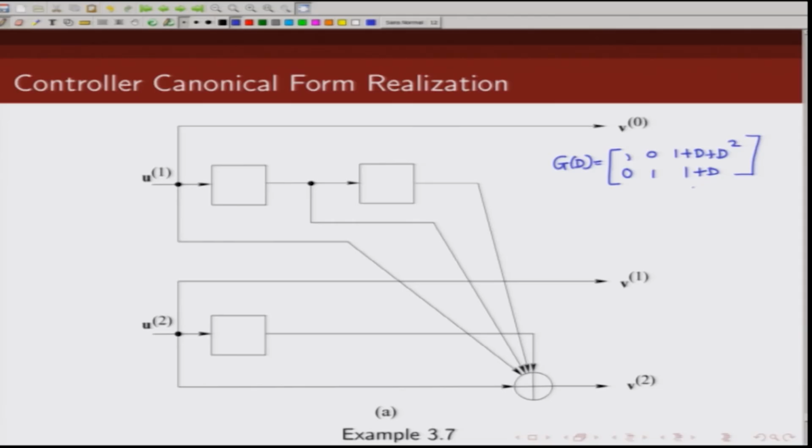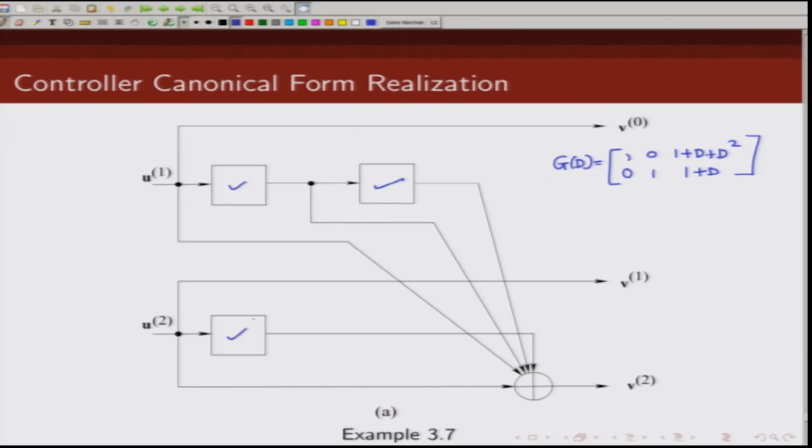So, this is U1 of D, this is D times U1 of D, and this is D square of U1 of D, plus 1 plus D times U2 of D. So, 1 plus D meaning one term is U2 and second is the delayed version of U2. So, this will be my third coded bit. So, you can see, to realize this generator matrix, we require a total of 3 memory elements, 1, 2 and 3.